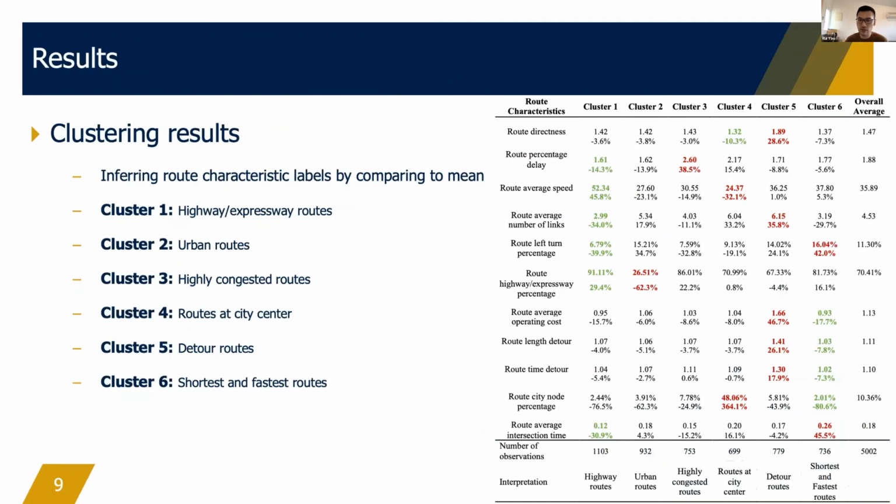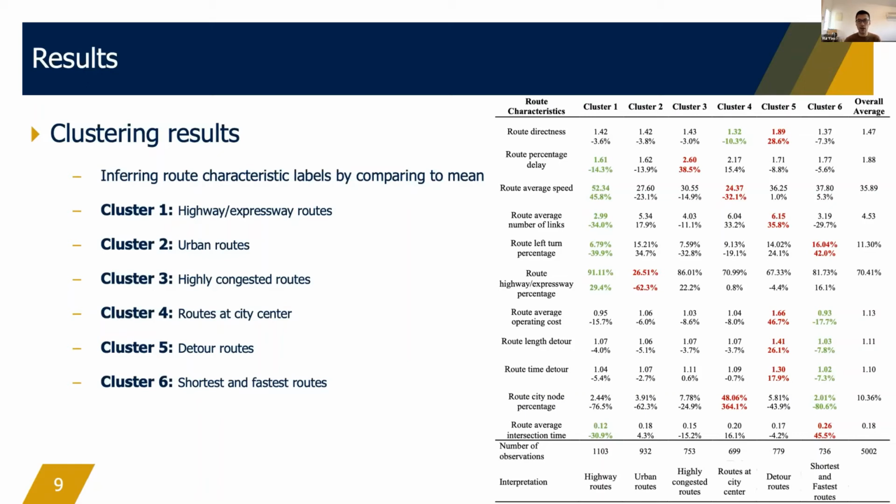Here we show the result of clustering observations based on the normalized route heuristic attributes. This step not only provides each route with a cluster label, but also provides us behavioral interpretations to route heuristic labels. We infer the cluster labels by comparing the mean values of the attributes to the overall mean.